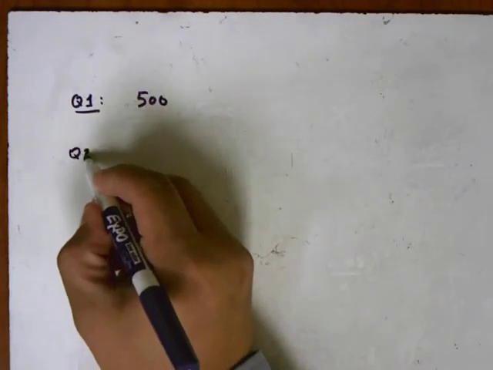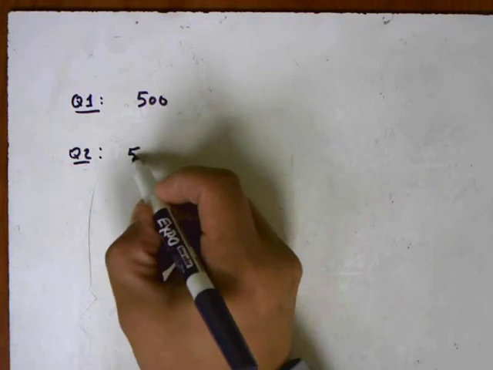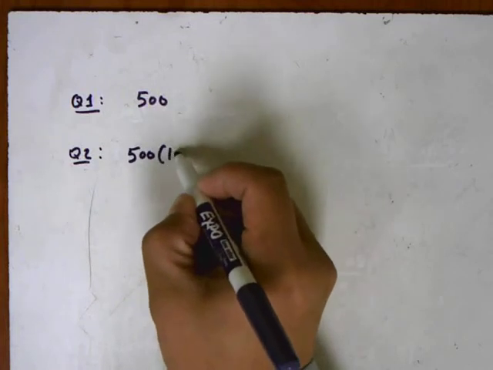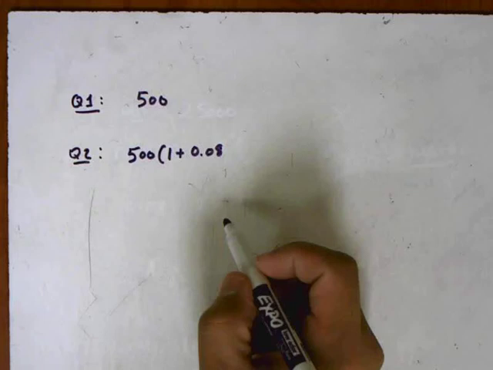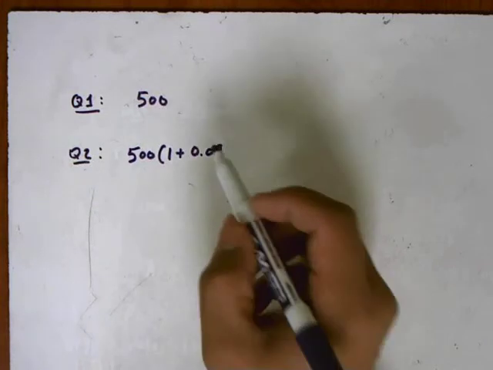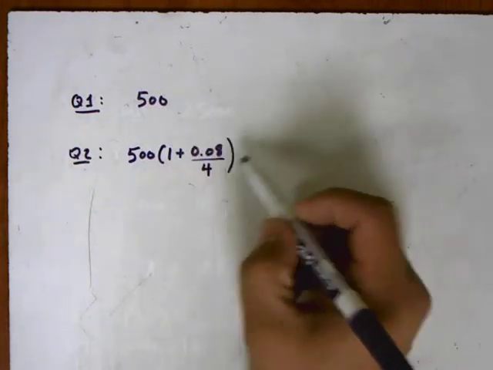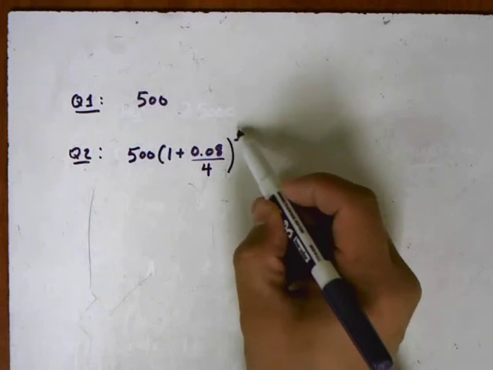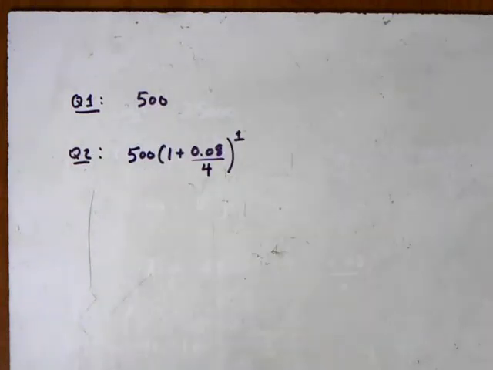Then at quarter two, this $500 has earned a little bit of interest. It's $500 times 1 plus 0.08, because that's the APR, or the interest rate. It's compounded quarterly, and it's only been 1 quarter, not a full year yet.